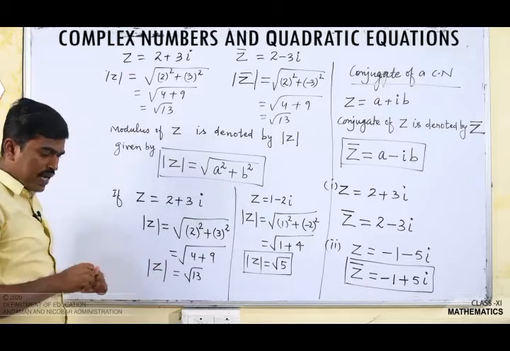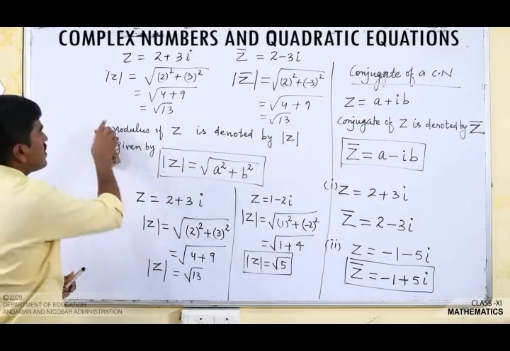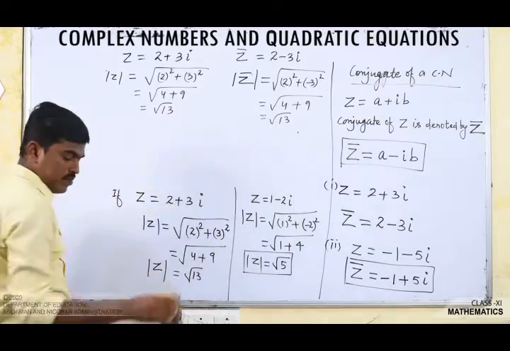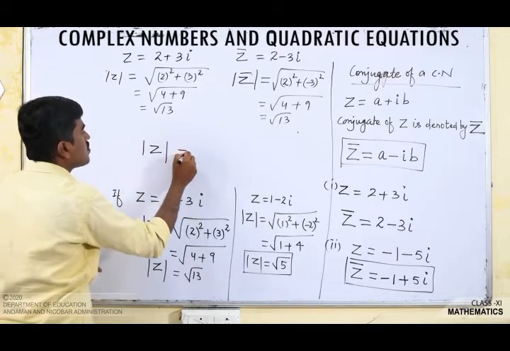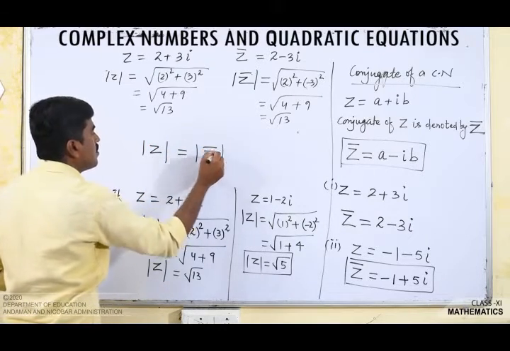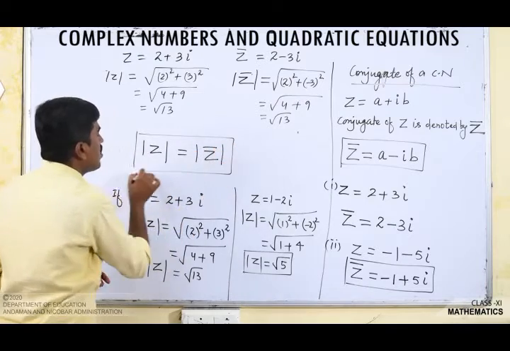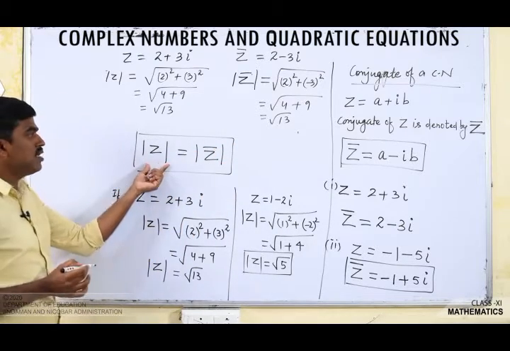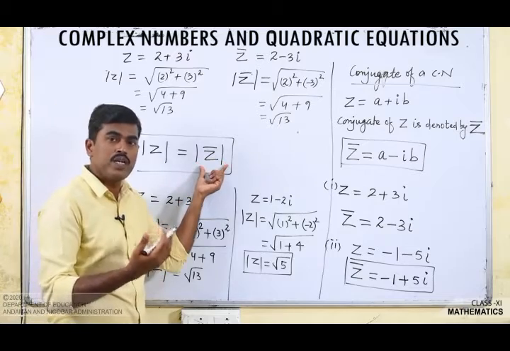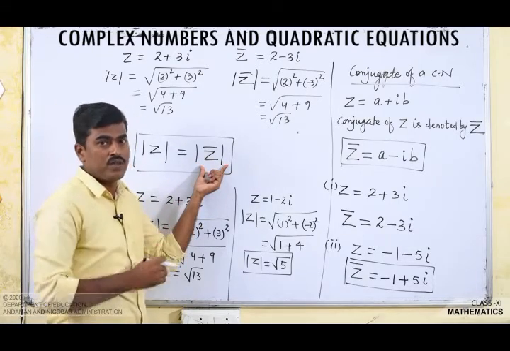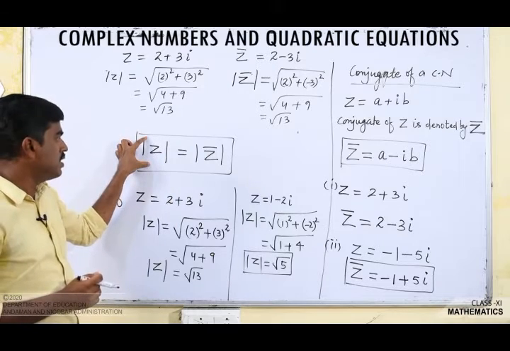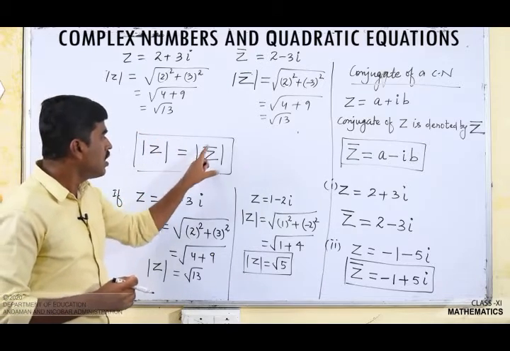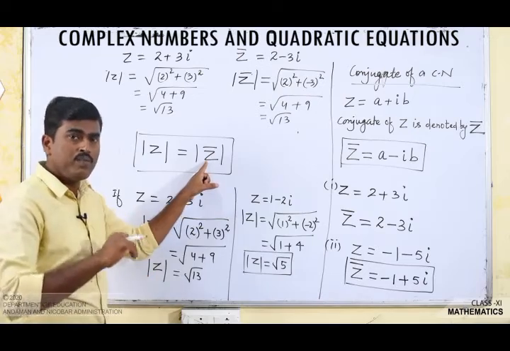So by this example we can generalize that mod of z is equal to mod of z bar. That means the modulus of a complex number is always equal to the modulus of the conjugate of the complex number.